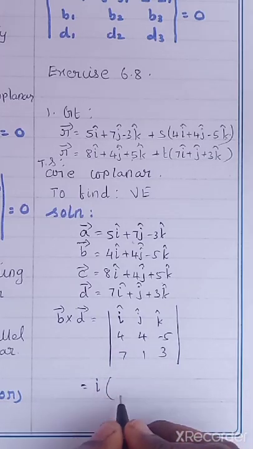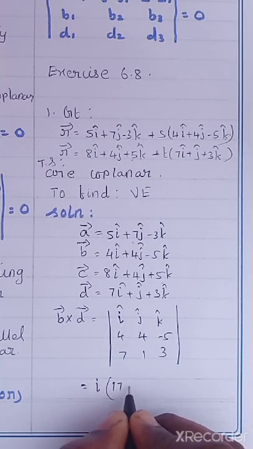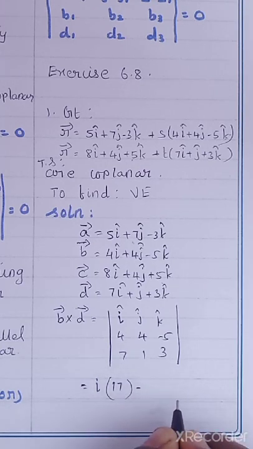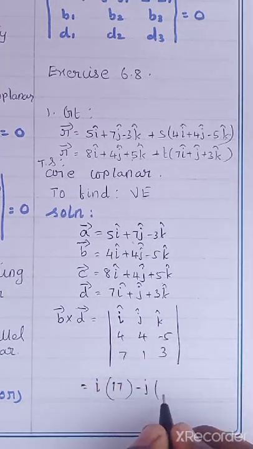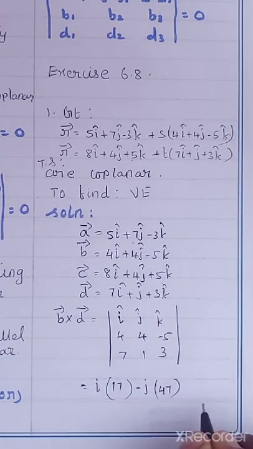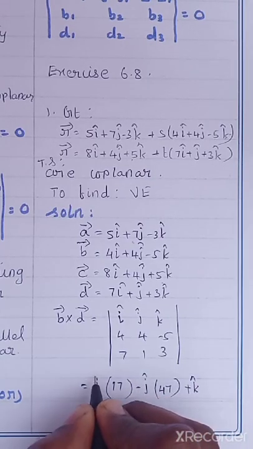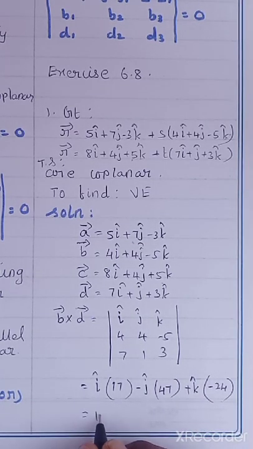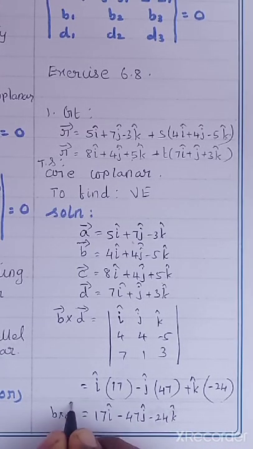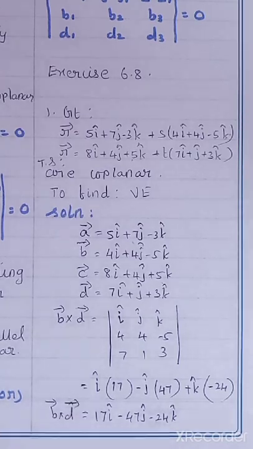This will be 17 for i, minus 47 for j, and plus k, minus 24. So what is your final answer? 17i minus 47j minus 24k vector. What is this one? B cross D vector. Is that clear?